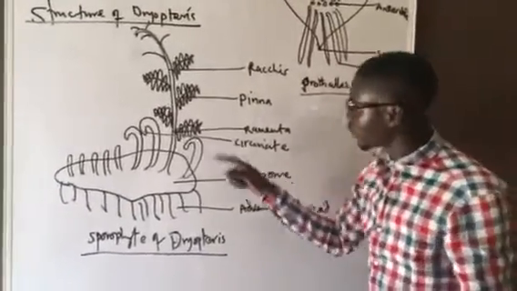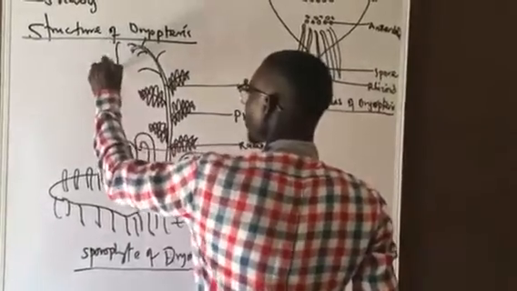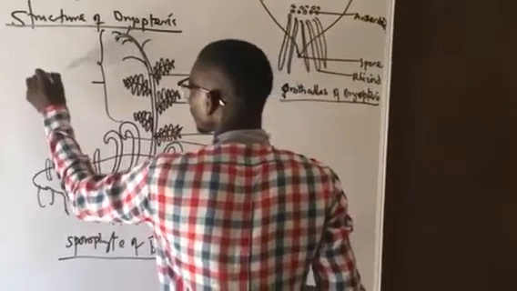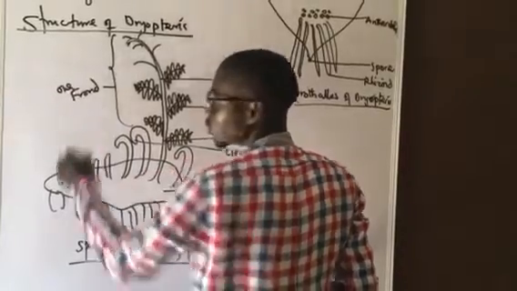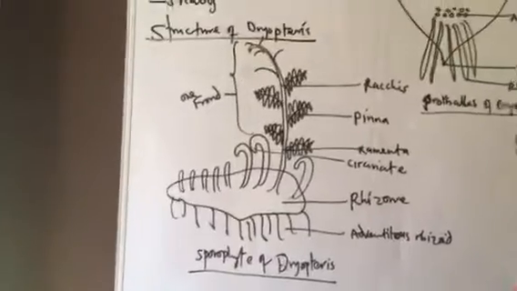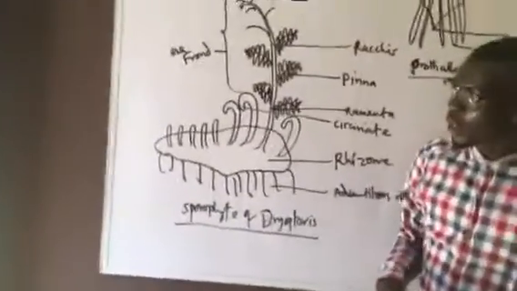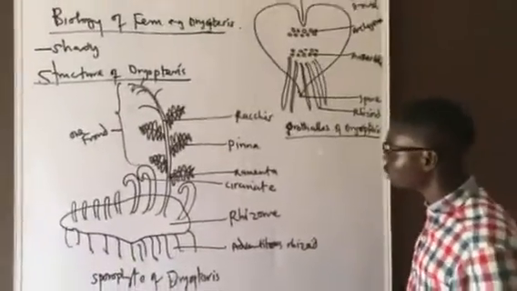So after this, we are going to understand the fronds. This whole structure is just one single frond. So this frond consists of the rachis and the pinnae because it is a mature frond. So we are going to talk about the frond.